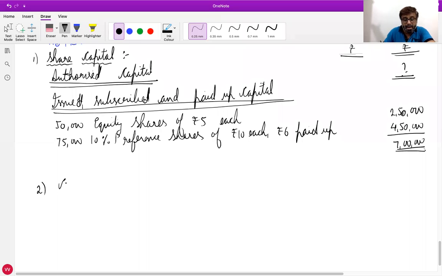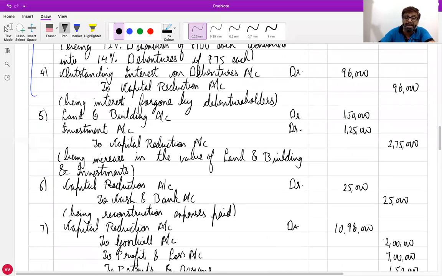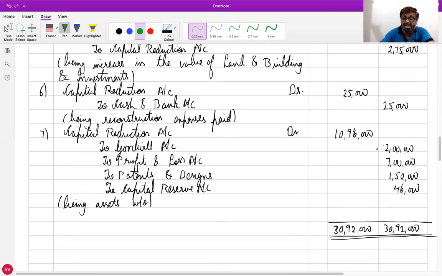Yes. Second note, reserves and surplus, what will come? 46,000. Yes, capital reserve of 46,000 from the last journal entry. Reserves and surplus will have only this capital reserve of 46,000.